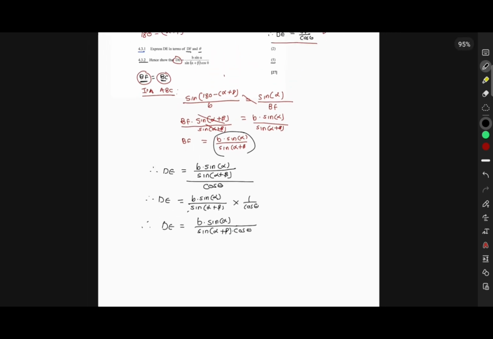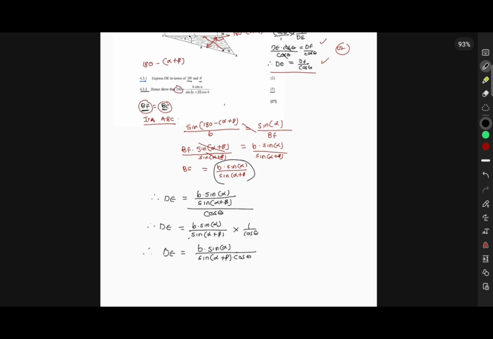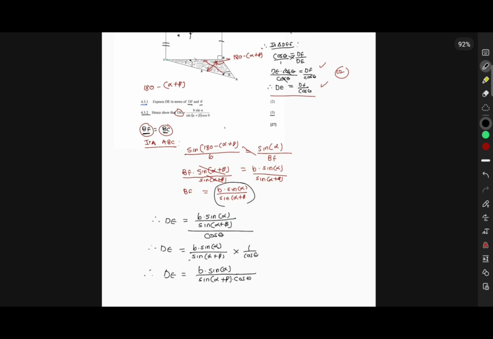This would be my final answer here. 5 marks for this. You can see that what we are getting here is the same as what was given in 4.3.2.